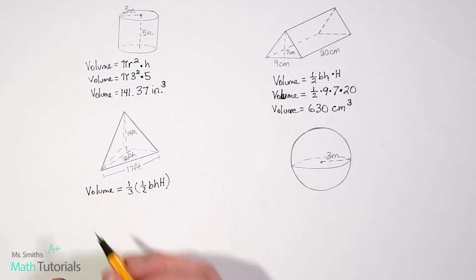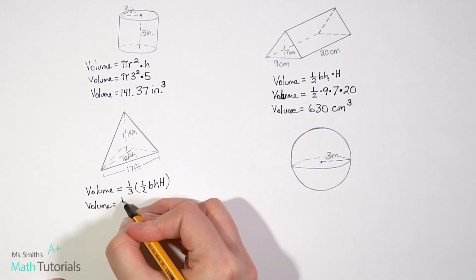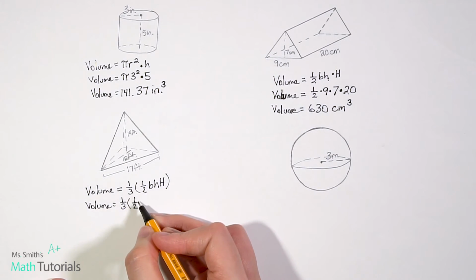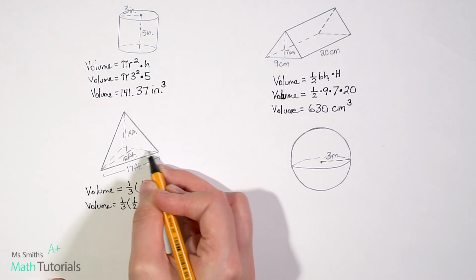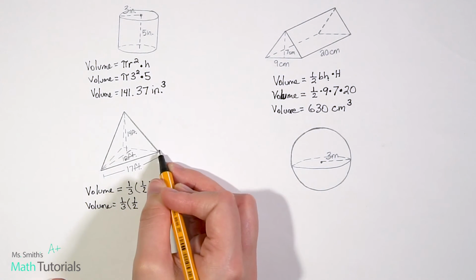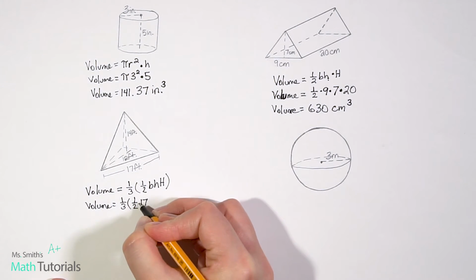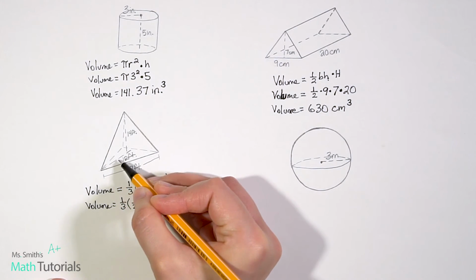So let's go ahead and just fill in those values. So our volume is 1/3 times 1/2 times base. So remember, this is the base like of the face of the bottom of the pyramid. So in this case, our base is 17. So 1/2 times 17 times the height of the face.